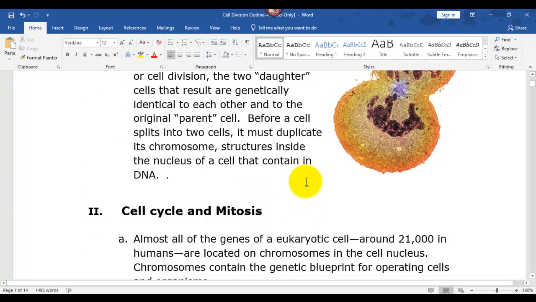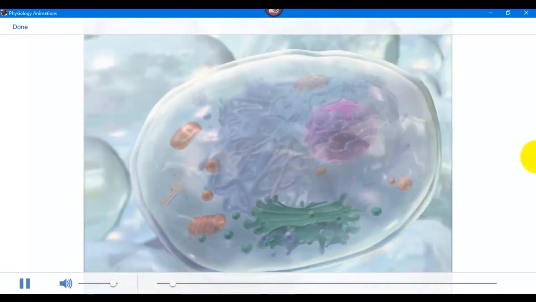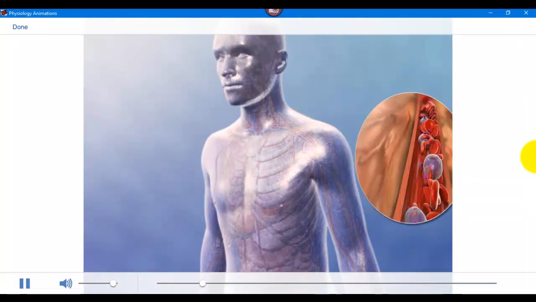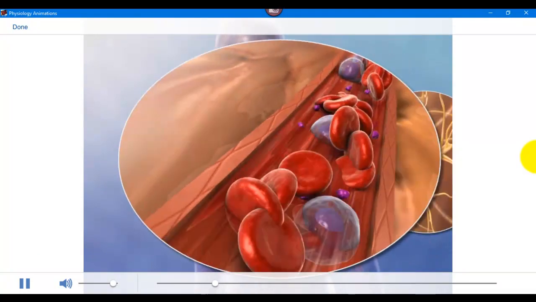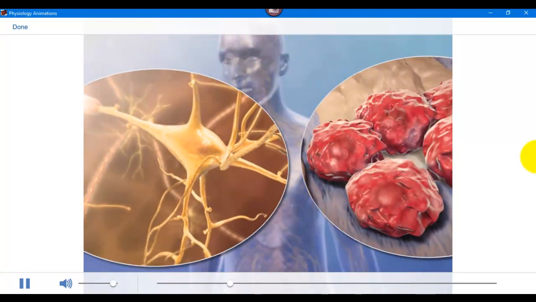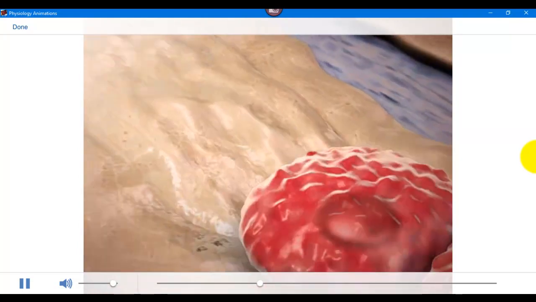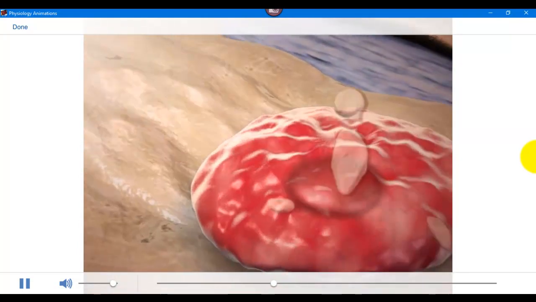So, to get you started, and I apologize for the sound, here's a brief introduction to human cells. Cells are the basic living units of tissue. The human body is composed of trillions of cells. There are over 200 different cell types. Each specializes to perform essential functions. Bone cells form and regenerate the bones in the body.